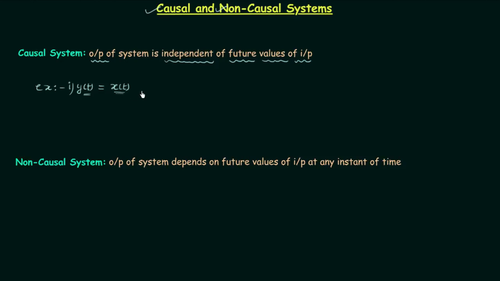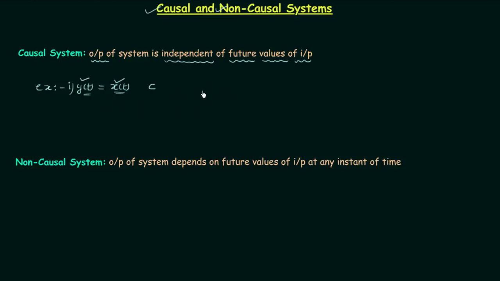That's why it is causal in nature, because causal systems are those in which the output of system should be independent of future values of input. And here the output is only dependent on the present values.